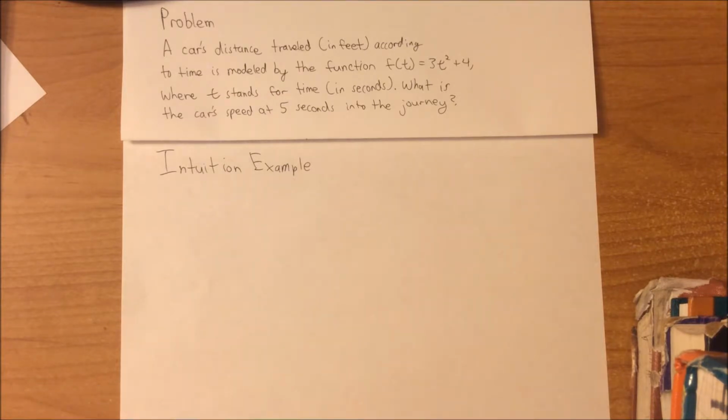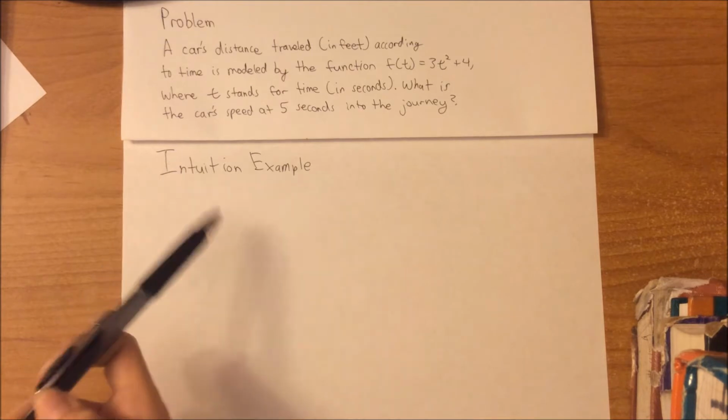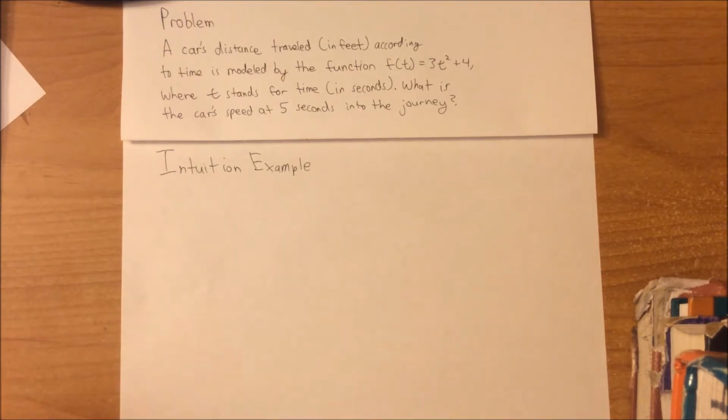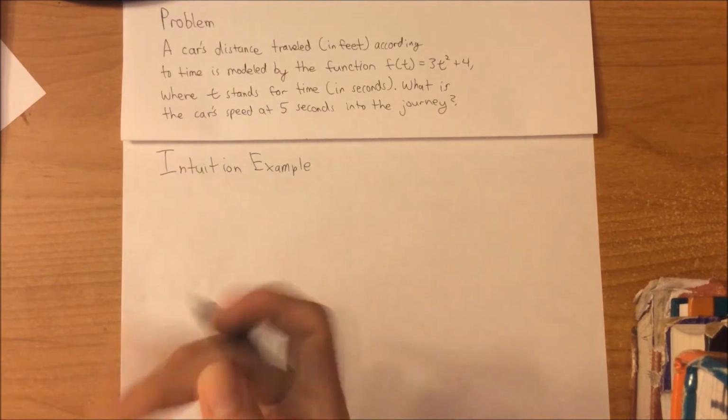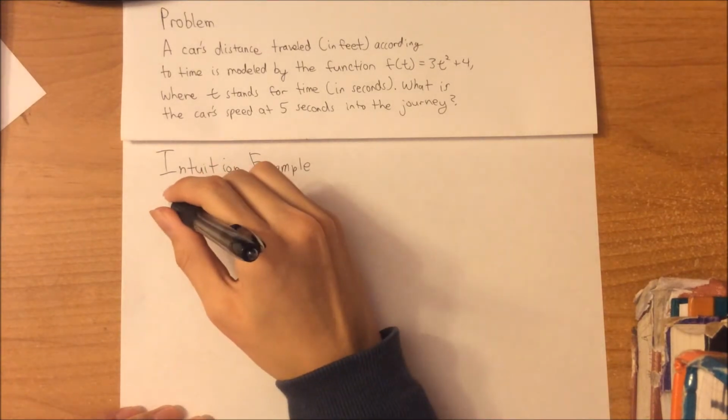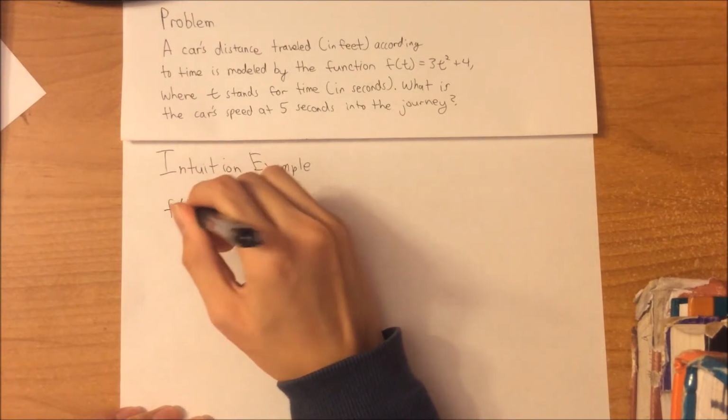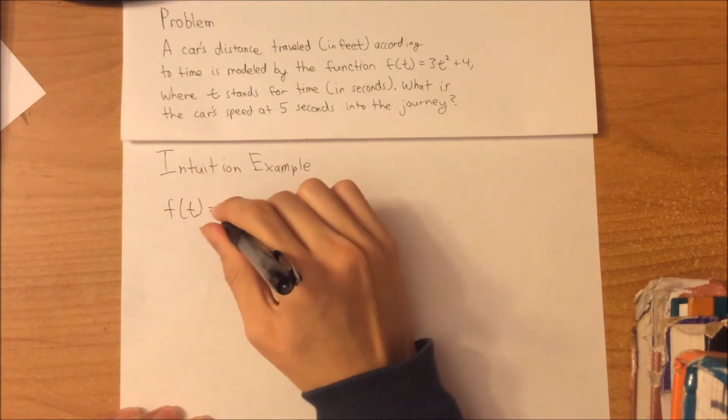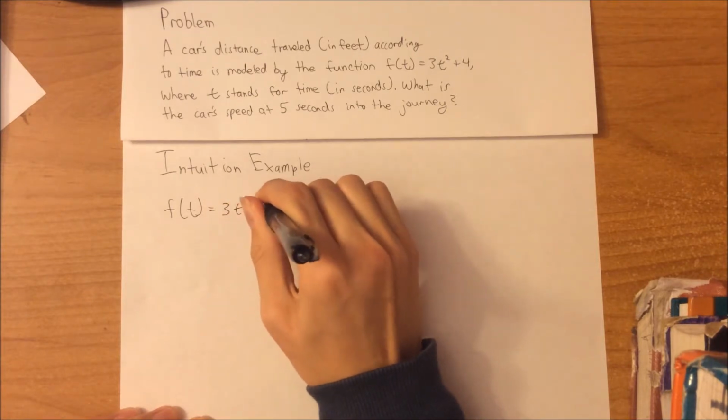And before we start, I want to remind you guys that the derivative at a point is really the slope at that point. So for our intuition example, we're going to do the same problem as before. And I'm going to write out the function again. The function that we are given, which is f of t is equal to 3t squared plus 4.